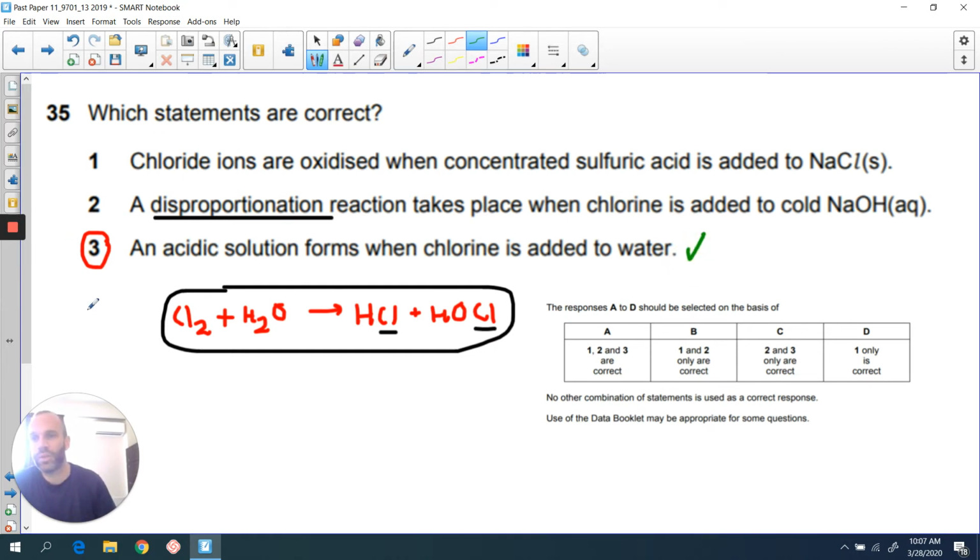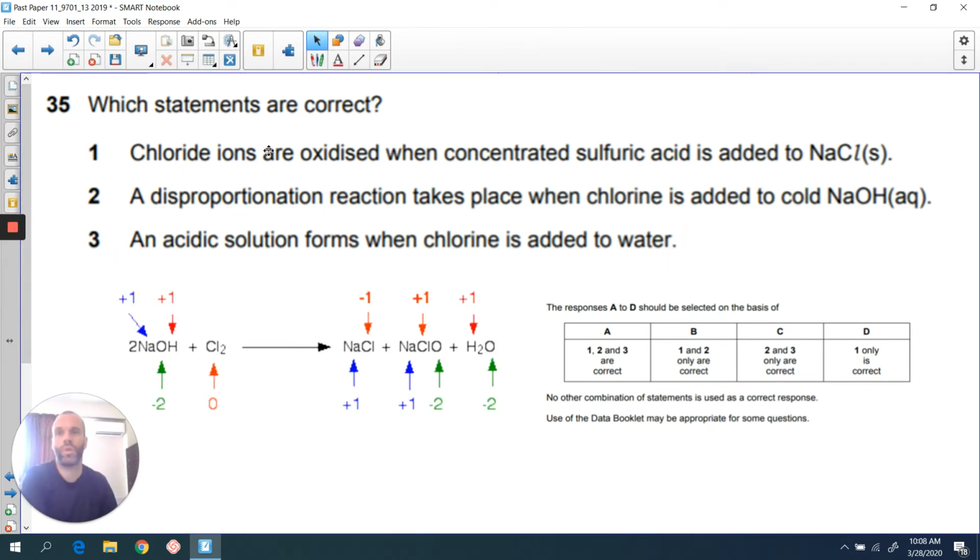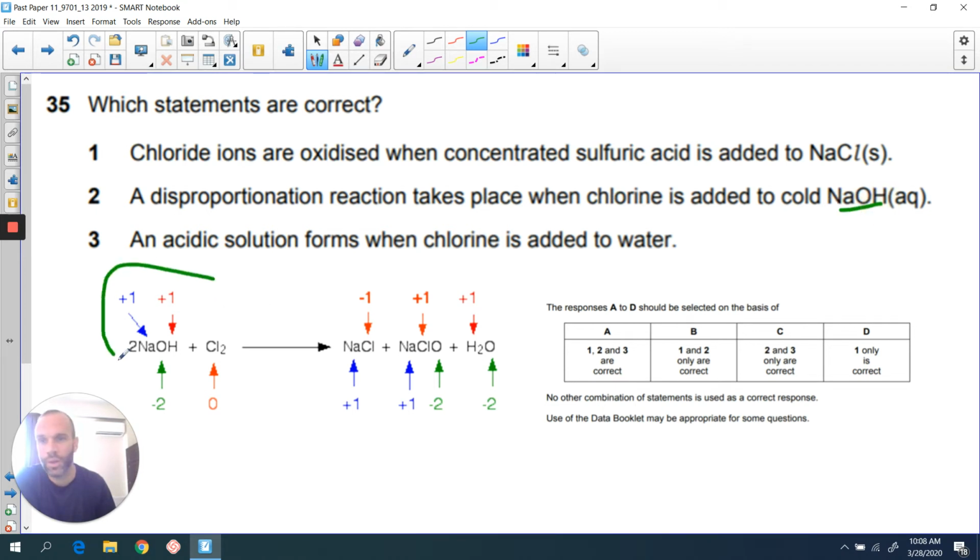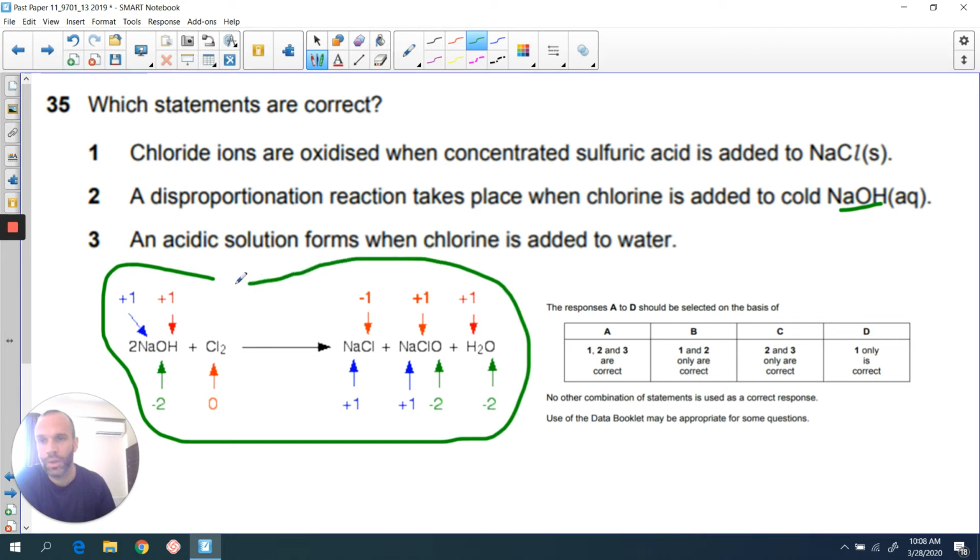Let's look at point number 2 now. I've copied in the equation here for the reaction of chlorine with cold NaOH. Now, we've got the oxidation numbers labeled here, and the key point is that if you look at the oxidation number of chlorine here, it's a 0 going in its elemental form, and it's coming out in two different oxidation states, as -1 and as +1.